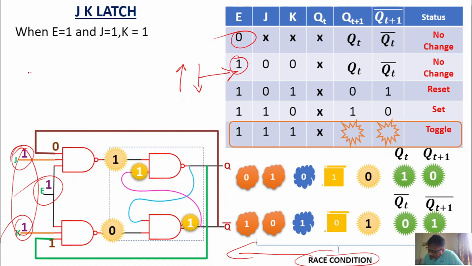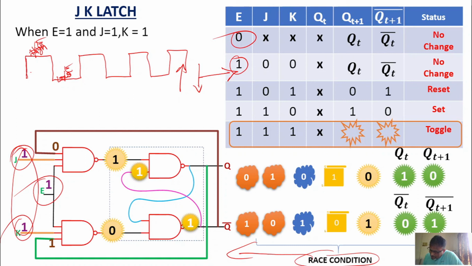See, as has been discussed in the class, this is your clock signal, this is high and this is low, right? And whenever this E is high, this is what is called the high or low value.